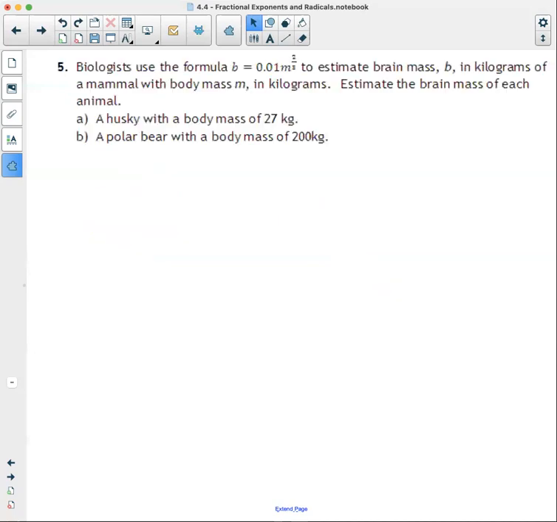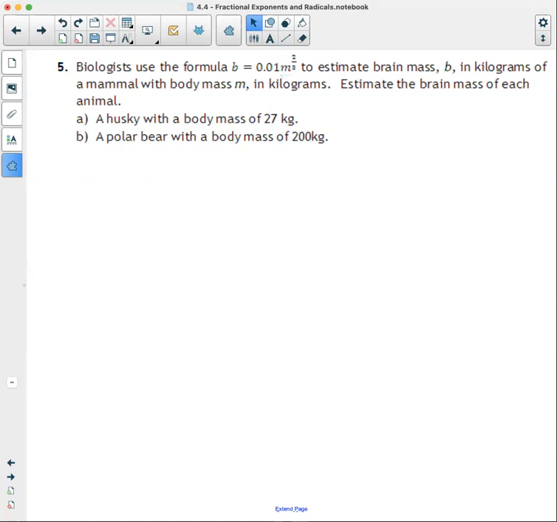Okay, so here we have a word problem and we're given a formula. So biologists use the formula B is equal to 0.01 m to the exponent 2/3 to estimate brain mass, B, in kilograms of a mammal with body mass M. Okay, so B is mass of brain and M is mass of body.